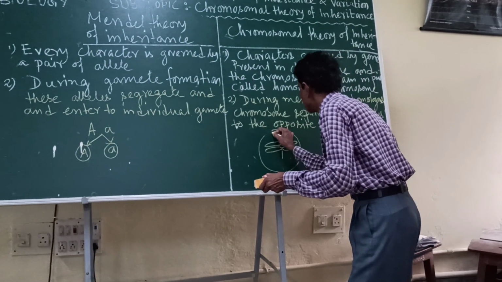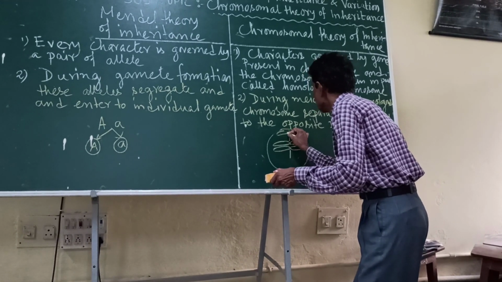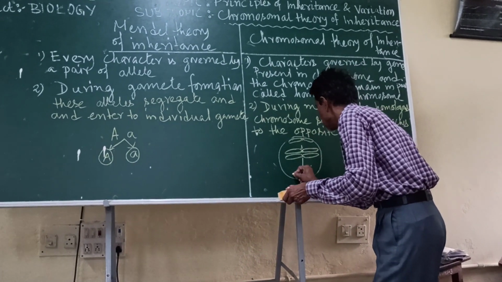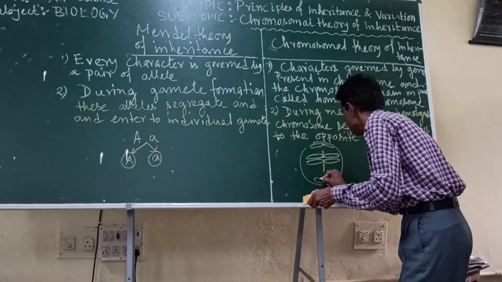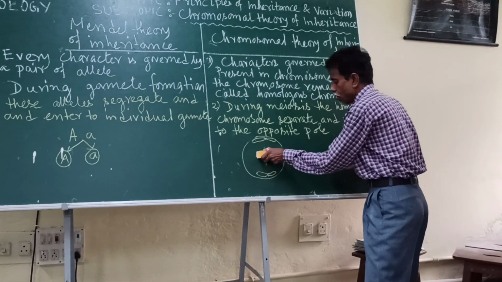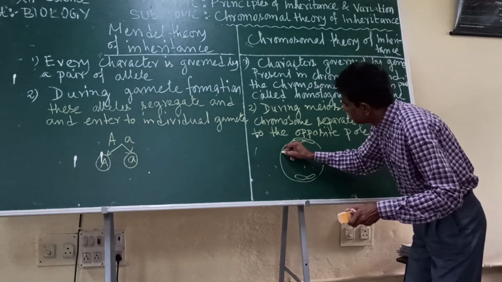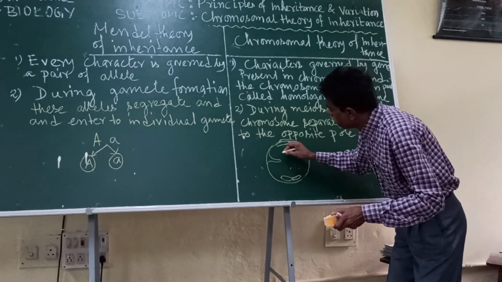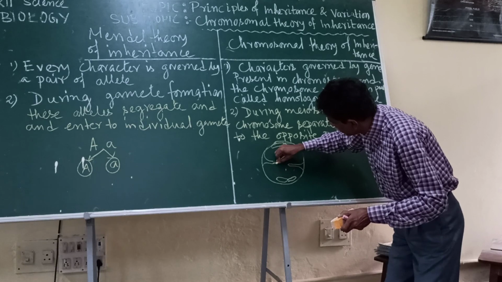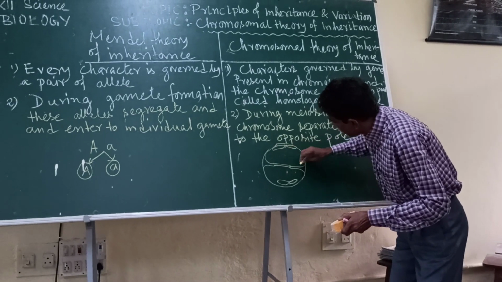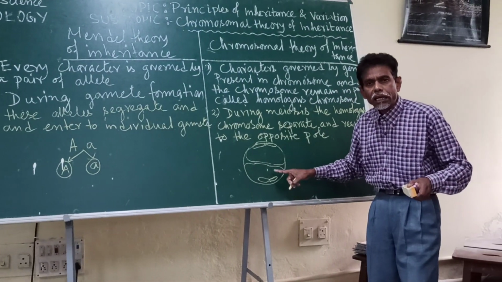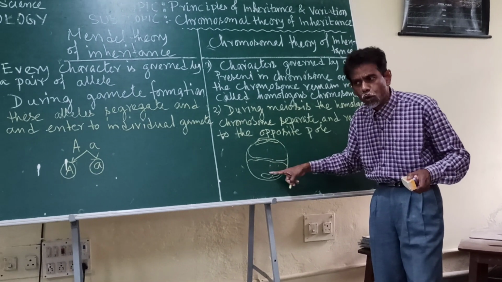The cell will undergo further cleavage, and in that way each cell will receive an individual chromosome from the homologous pair.